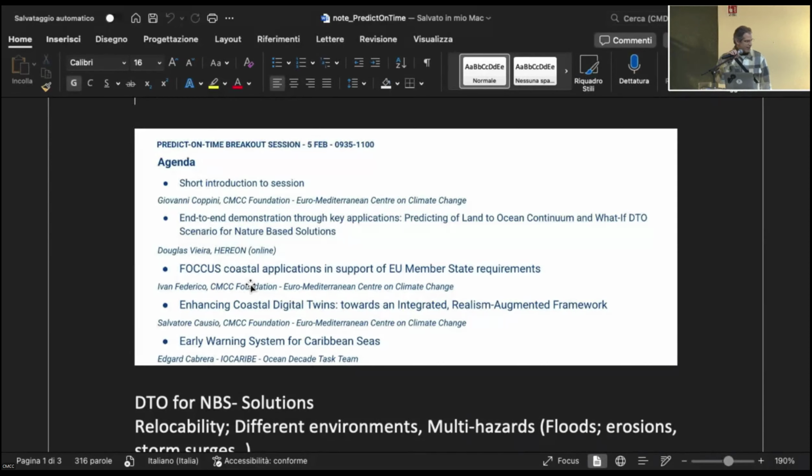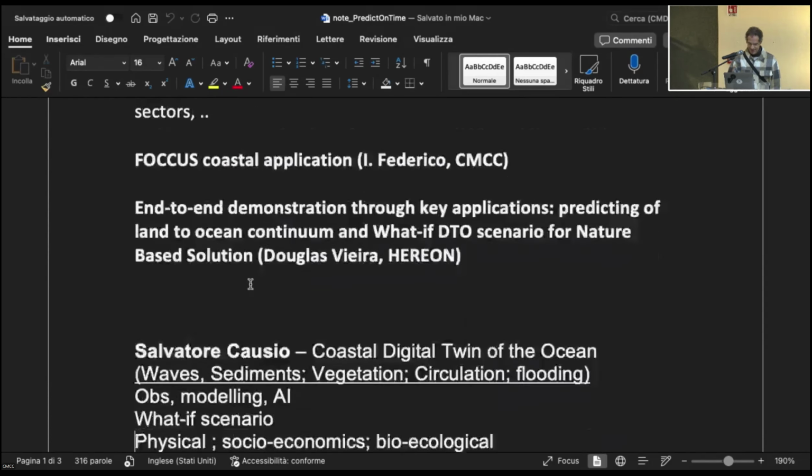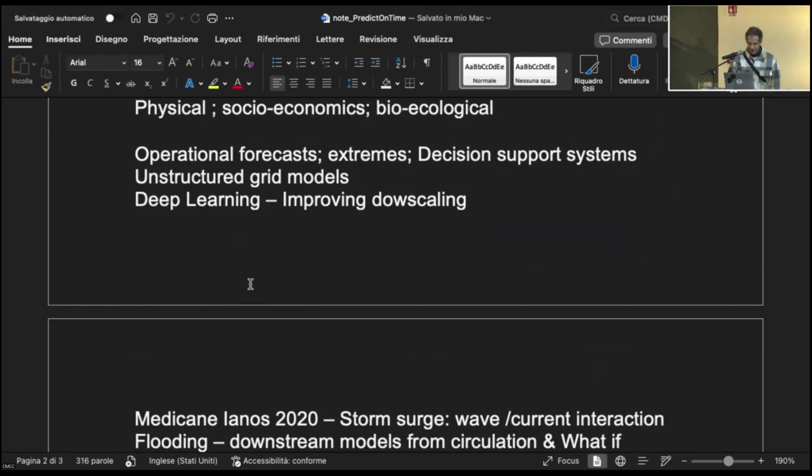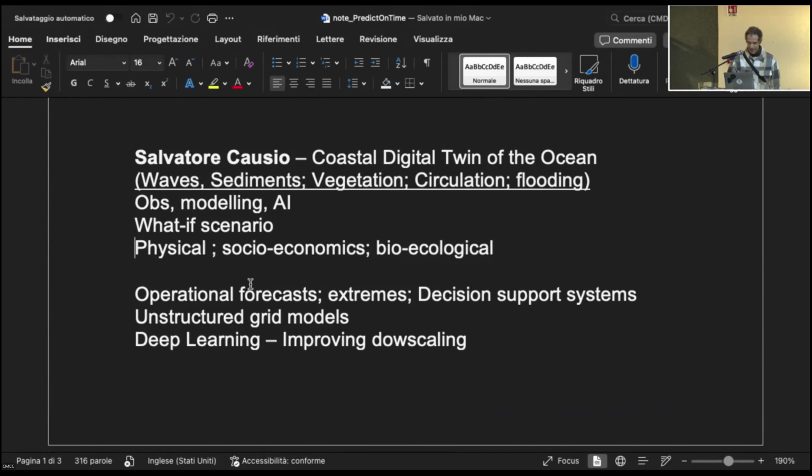In particular, we had presentations about the land-ocean continuum with key applications illustrated. Here we see the different presentations that were delivered.